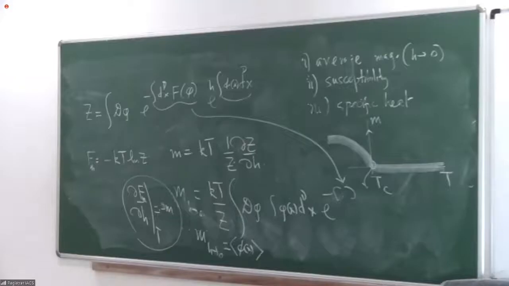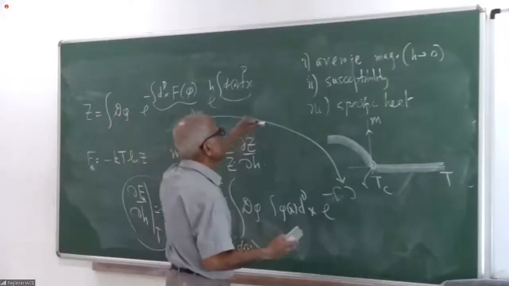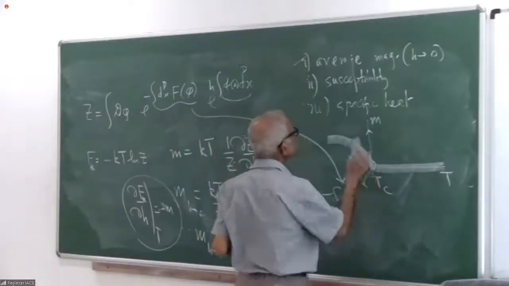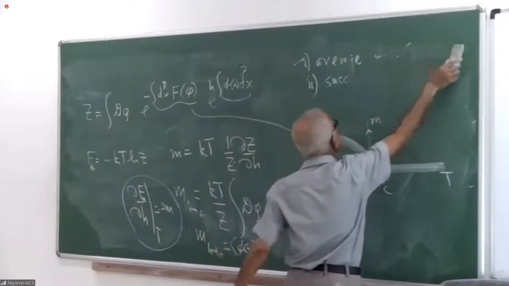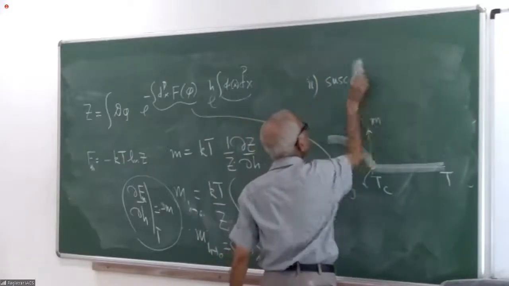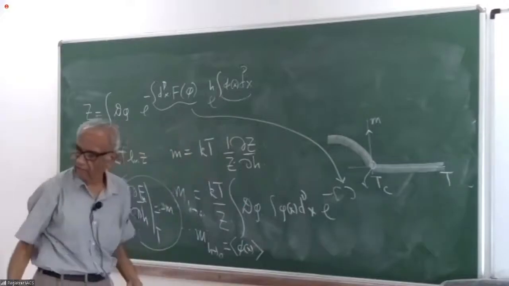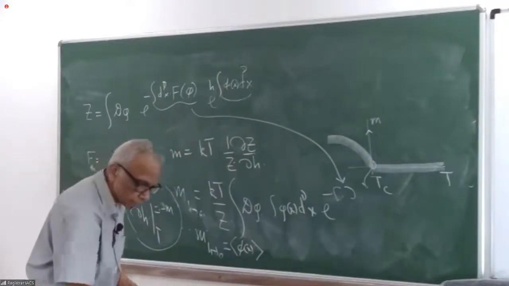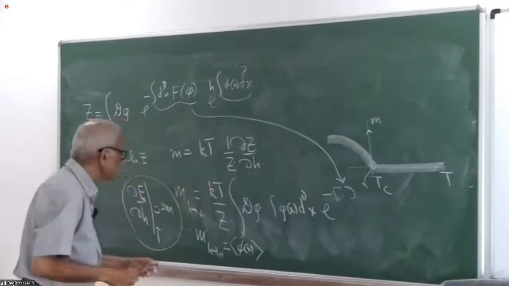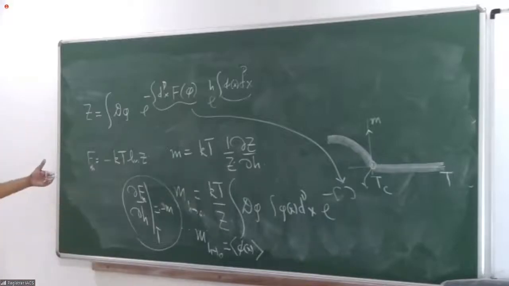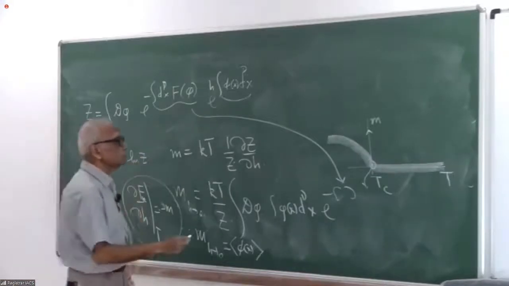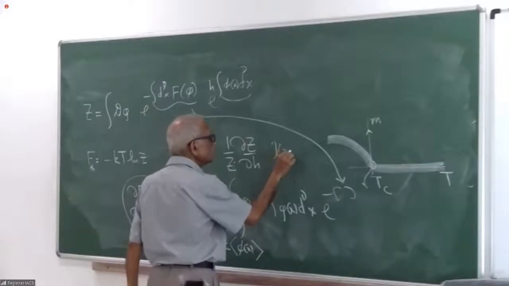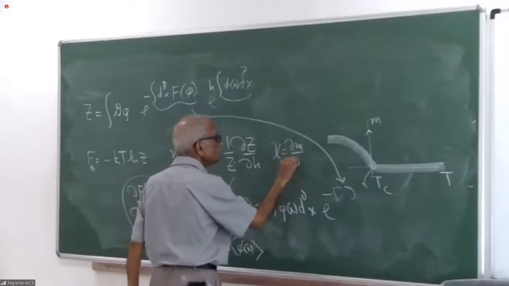So this is your average magnetization. Now, what is the susceptibility? If I want to do the susceptibility, then I have to do del m del h. So susceptibility chi is going to be del m del h.